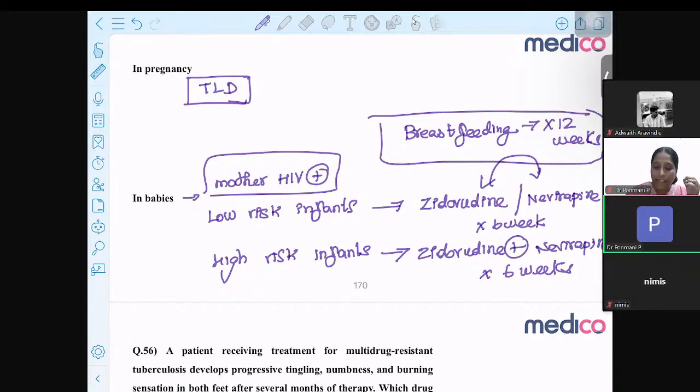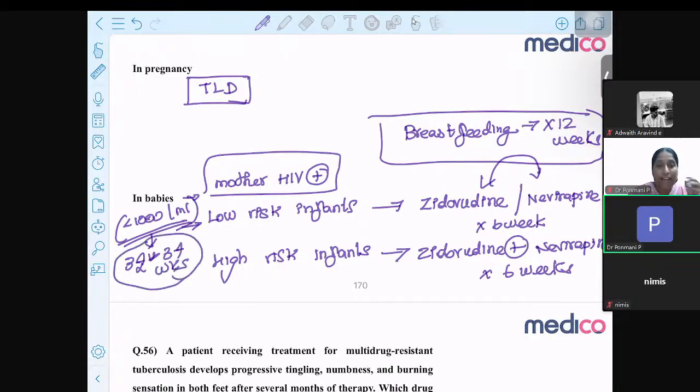Clear? And how do we define these high-risk and low-risk infants? Low-risk infants means when the viral load is less than 1000 copies per ml, then we call it low risk. This should be measured at 32 to 34 weeks of pregnancy.